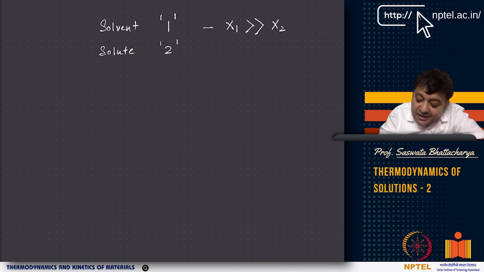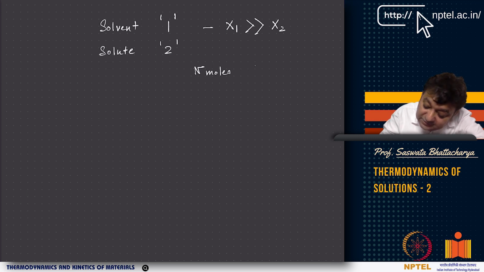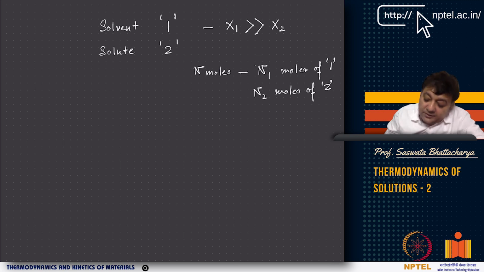So say I have n moles in total, which contains n1 moles of component 1, the solvent, and n2 moles of component 2.